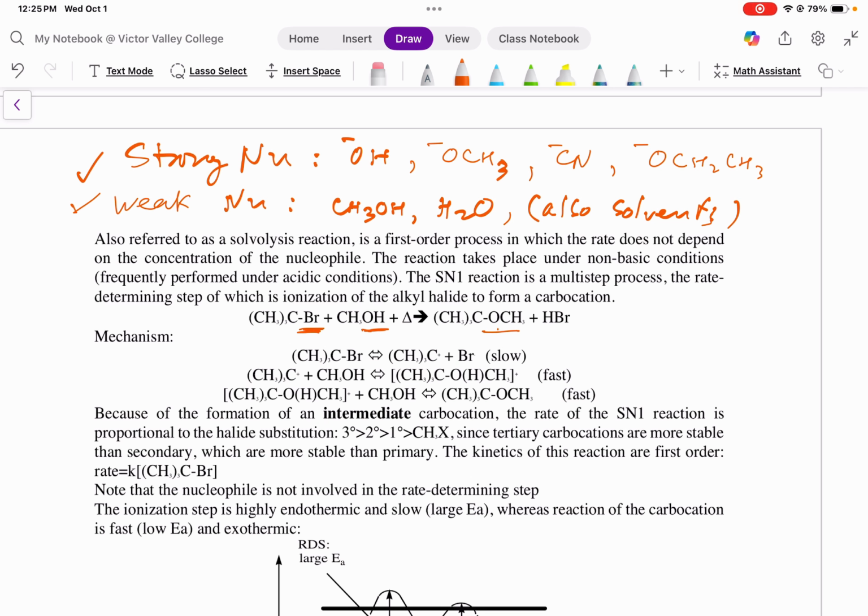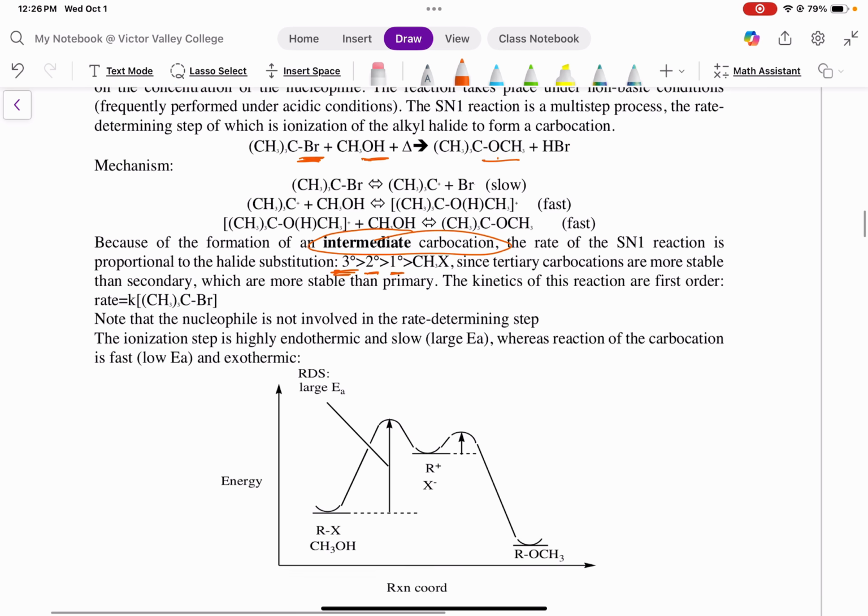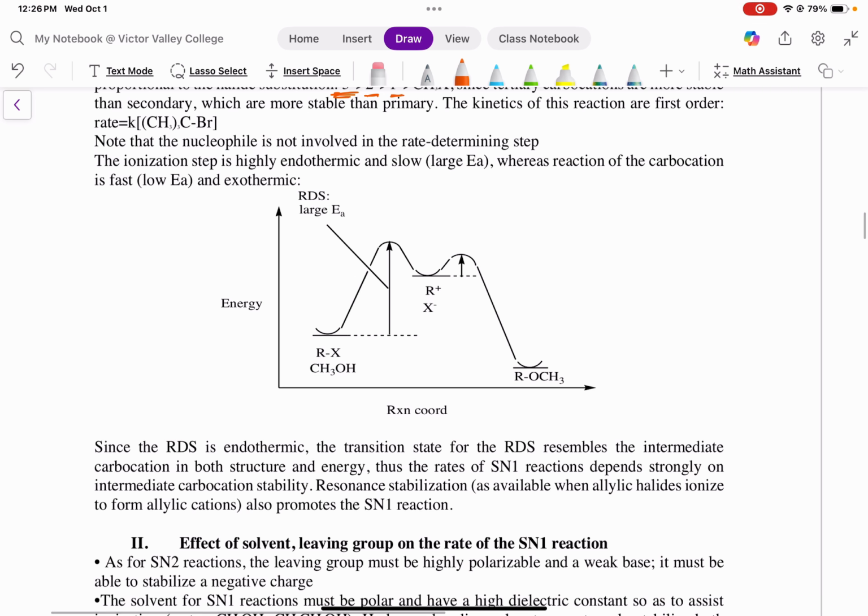Now, because there's a cation intermediate, the tertiary will be the best one. Exactly the opposite with SN2. Secondary is next, and then primary probably never happens, okay? Now, for SN1, it's going to form the cation first, after the leaving group, X, is taken off.